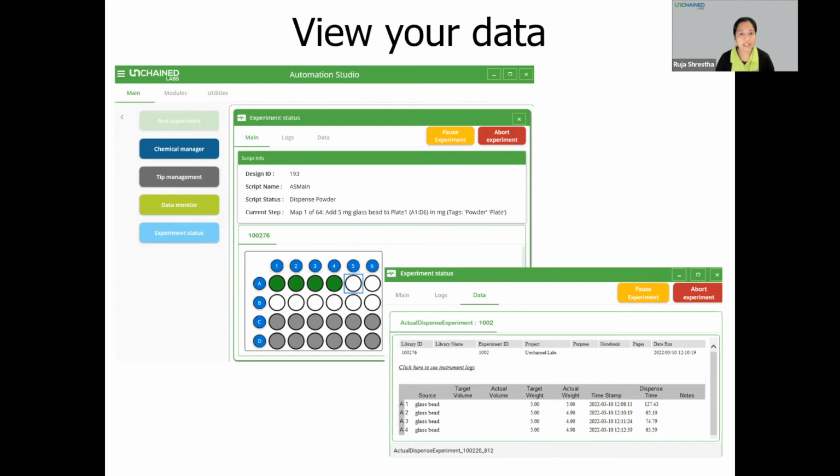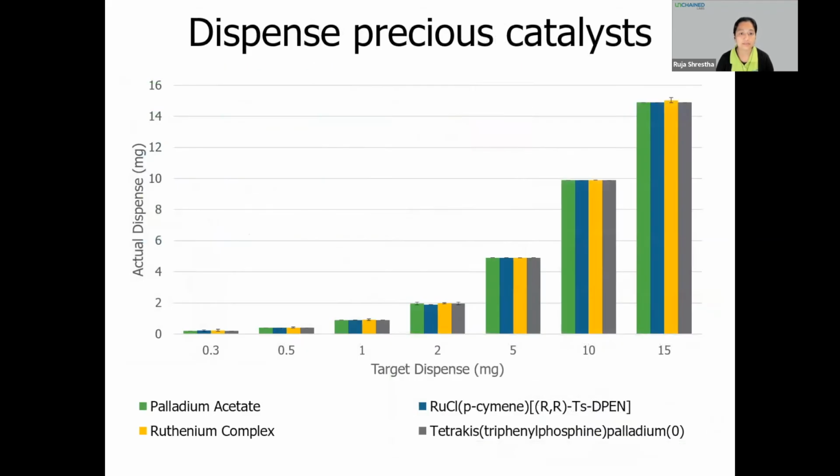Speaking of data, let's look at how these SV and classic hoppers perform with different types of solids. On this slide, the bar chart shows dispense data for various precious catalysts seen in different colors, using both SV and classic hoppers. Target dispenses are on the x-axis and actual dispenses are on the y-axis.